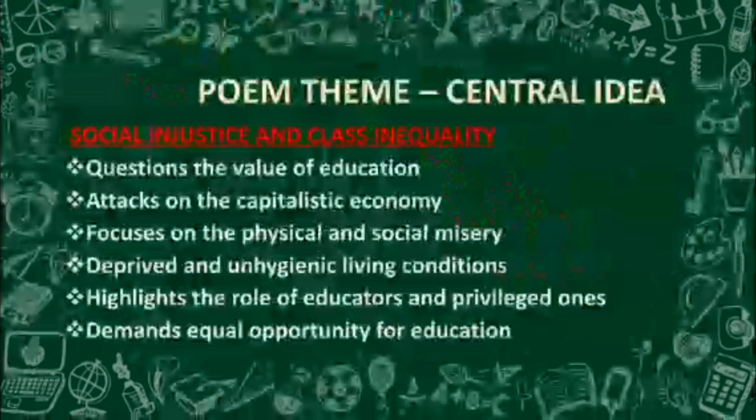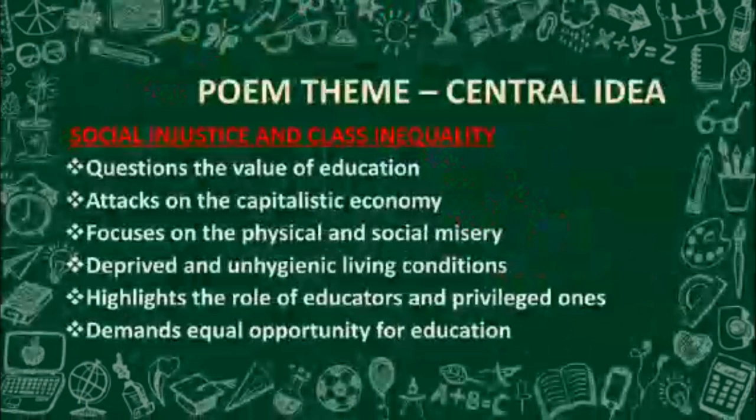The poet also focuses on the pathetic physical and social condition of these children. We learn through this poem that most of these children are often ill-fed. They suffer from various diseases and deficiencies of various types.